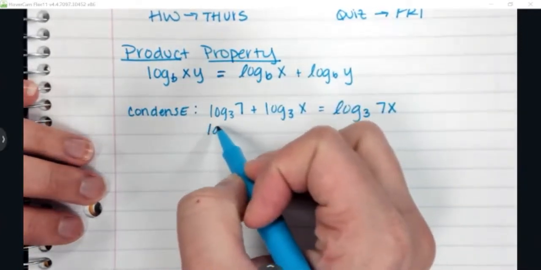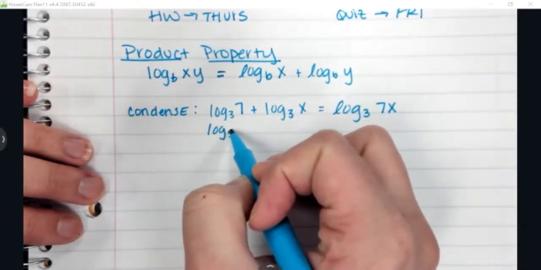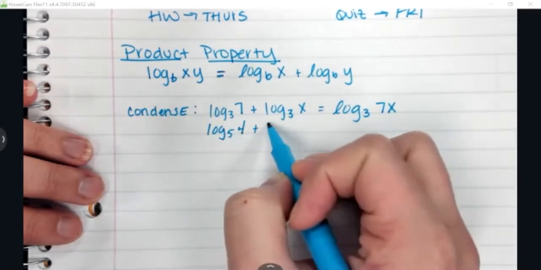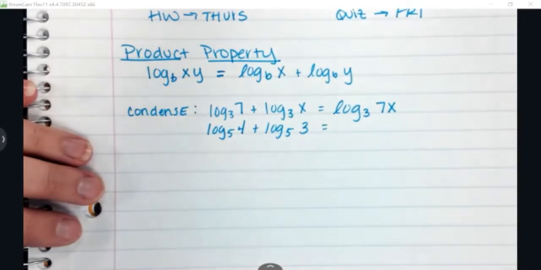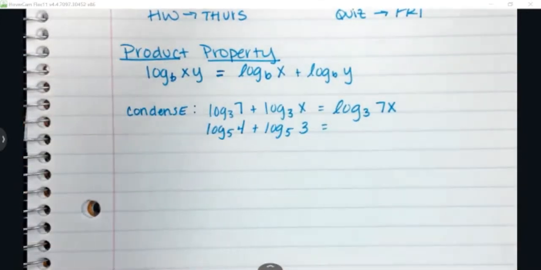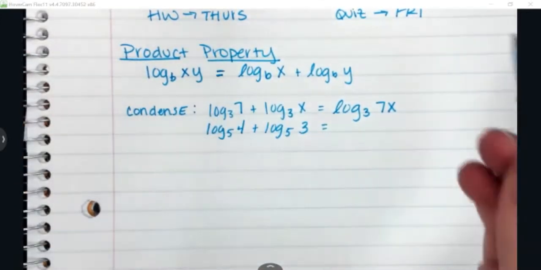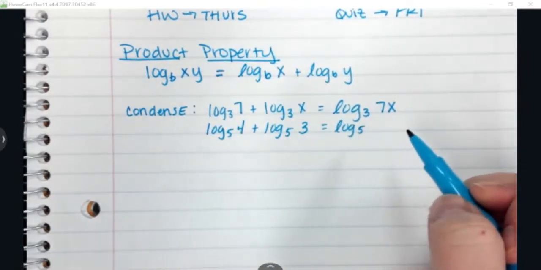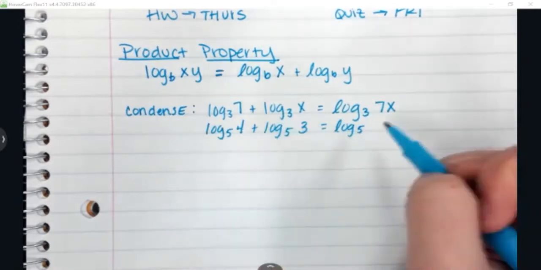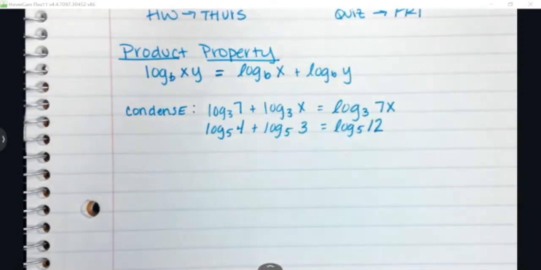So if I have log base 5 of 4 plus log base 5 of 3, what will that condense down to? It will be log base 5 of 12, because 4 times 3 is 12.